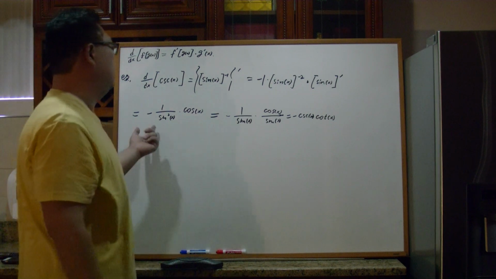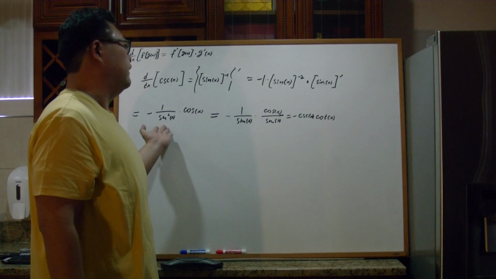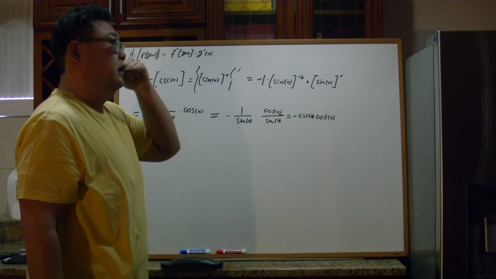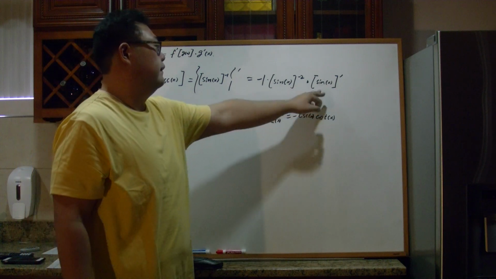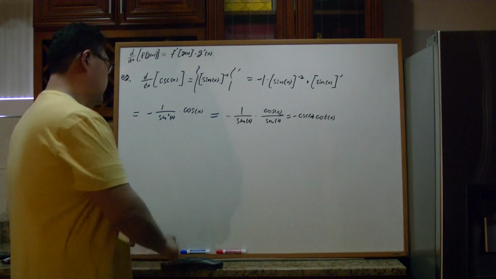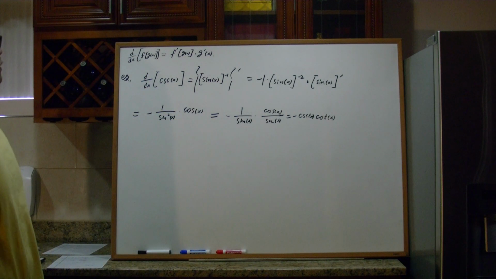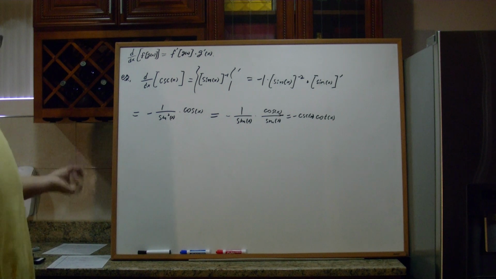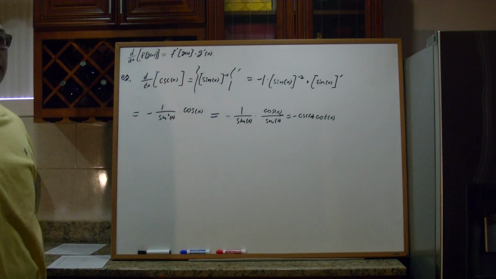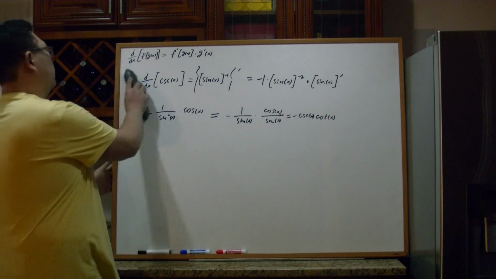Otherwise, what we get will be just negative cosecant square of x. That is not the true formula. Right? We have to multiply the derivative of whatever is composed inside. Right, so compose step by step, and we need to differentiate the function step by step. That is what we see.